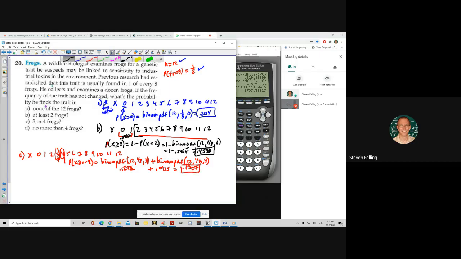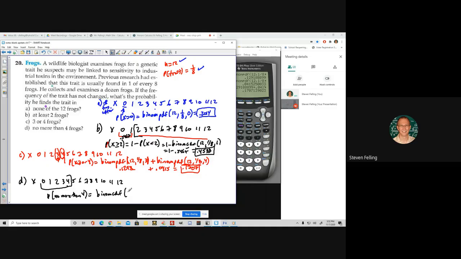Okay, and then the last example there is the probability of no more than 4 frogs. So 0, 1, 2, 3, 4, 5, 6, 7, 8, 9, 10, 11, 12 are the possibilities. No more than 4 means up to and including 4. So I'm going to do that. Probability of no more than 4 frogs is going to be binomial CDF because that's a left-hand case.